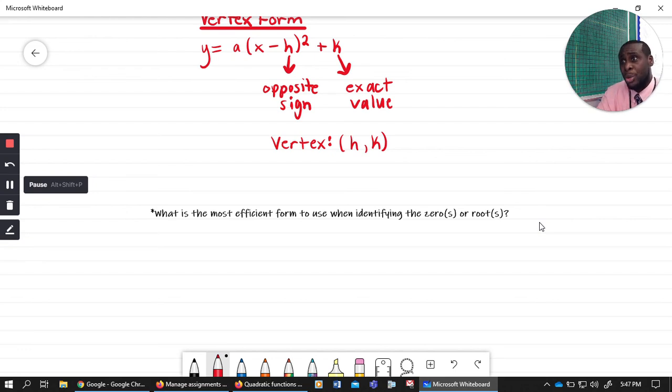Remember that zeros and roots are the real solutions in this particular case for quadratic functions. They're your real solutions for quadratic functions.